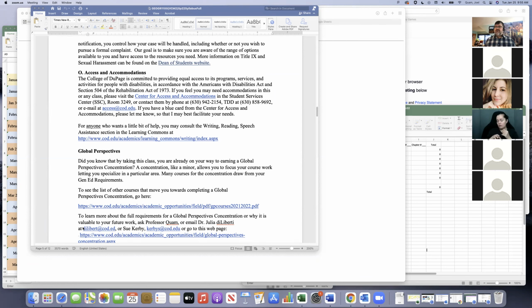If you complete a set of requirements here, you can get a global perspectives concentration, and that will be identified on your transcript. And that could be handy, in fact, when you're transferring to a four-year school, if that is your plan. This course counts as one of the courses needed to get that global perspectives concentration. So if you're interested in that, talk to me some more or look at these links available here.